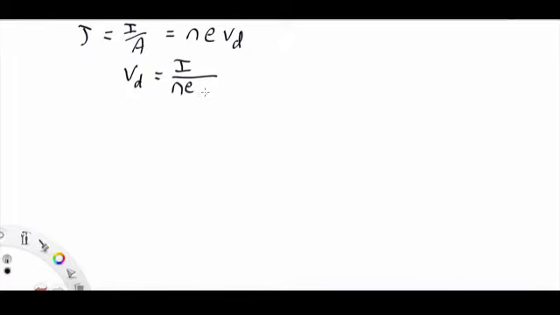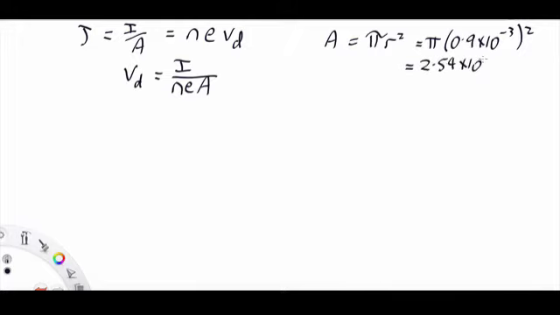So we're nearly there. We have current density being current over area equals n, which we now know, times e, times the drift velocity. So that means the drift velocity is current over n times e times the cross-sectional area. Now, the area of that wire, pi r squared, which will be pi times 0.9 by 10 to the minus 3 squared, will be 2.54 by 10 to the minus 6 square metres.